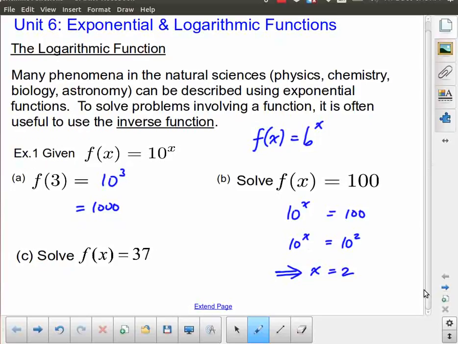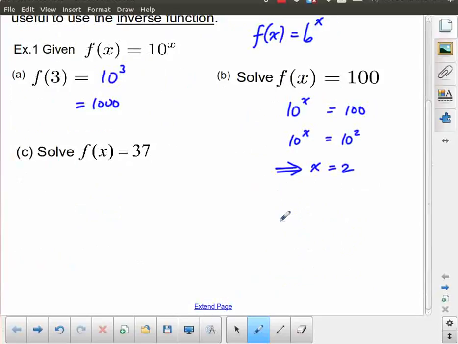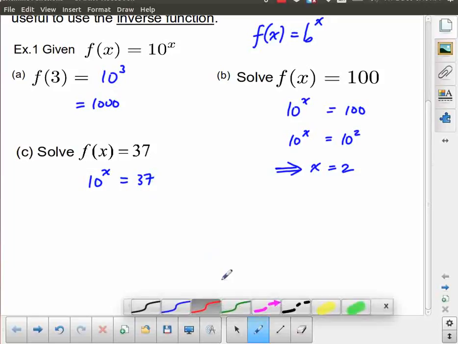But things are not always quite that straightforward. So let's go to our third example here. f of x equals 37. 10 to the x equals 37. And obviously that is not going to work out because 37 cannot be represented as a power of 10. We do know a couple of things.